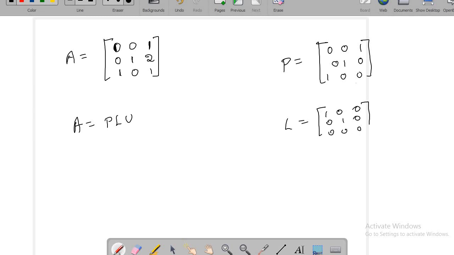Why? Because directly we got an upper triangular matrix there. And U is nothing but 1, 0, 1, 0, 1, 2, 0, 0, 1. That's it. So this matrix has PLU decomposition, not LU decomposition, where P is the matrix which takes care of interchanging of rows.